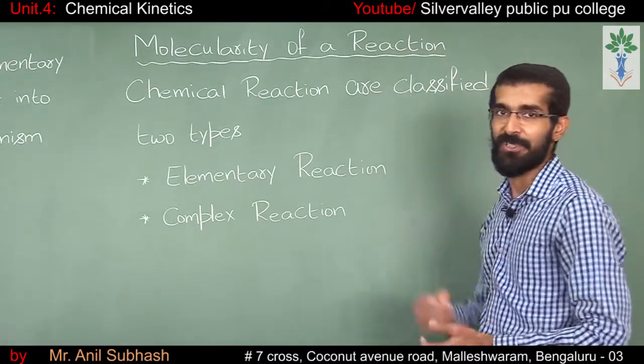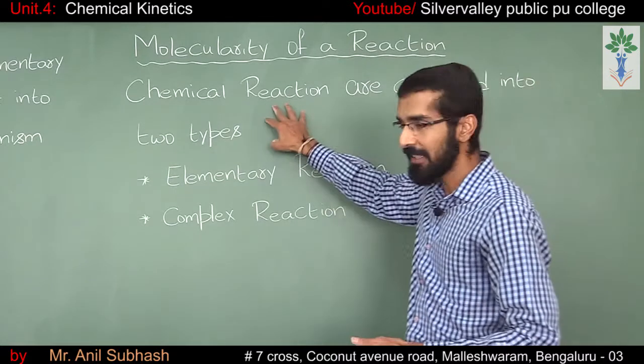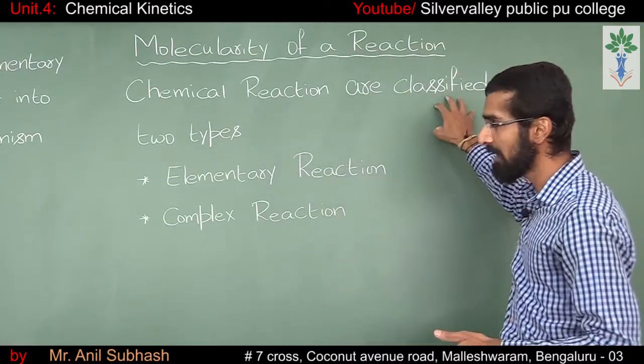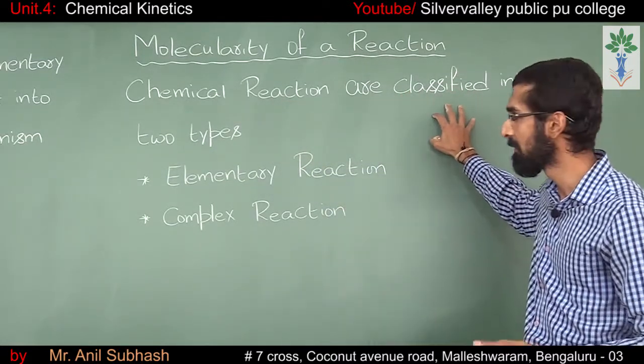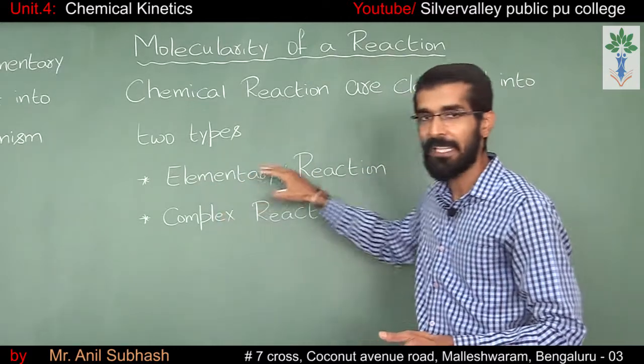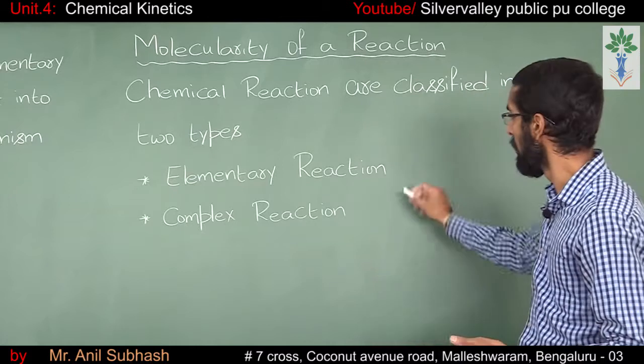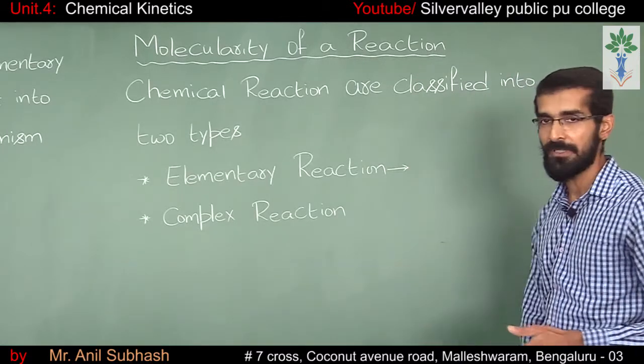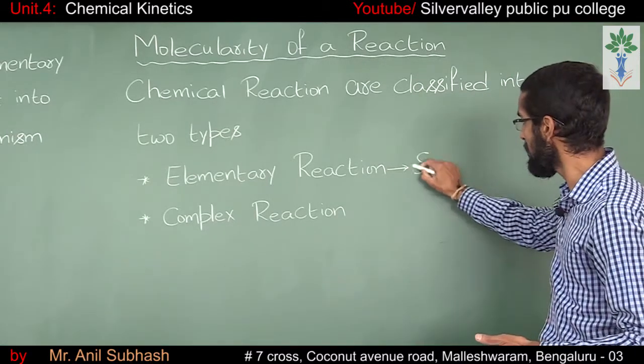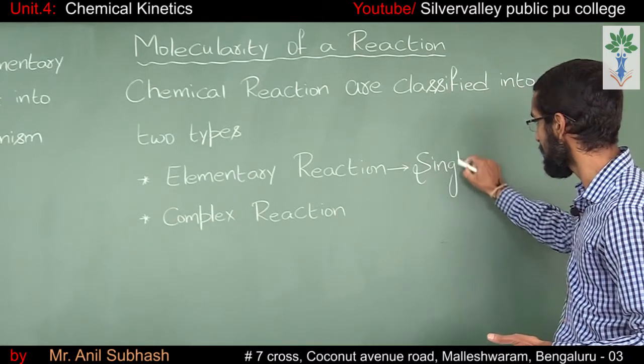Molecularity of a reaction. Chemical reactions are usually classified into two types. One is the elementary reaction, the other is a complex reaction. What do you mean by an elementary reaction? The reaction which occurs in a single step.